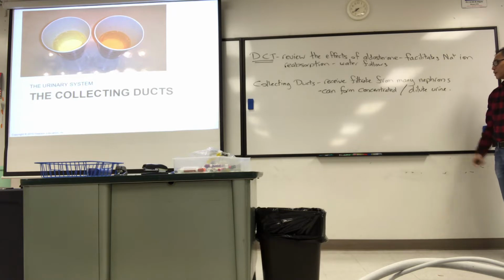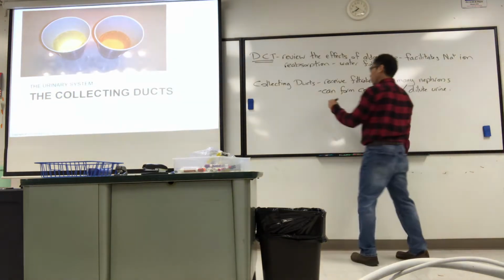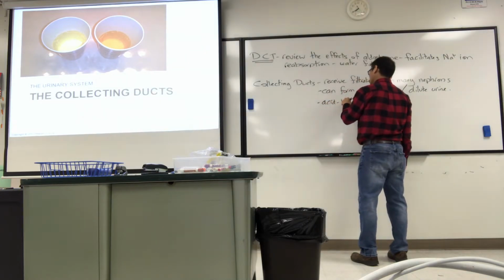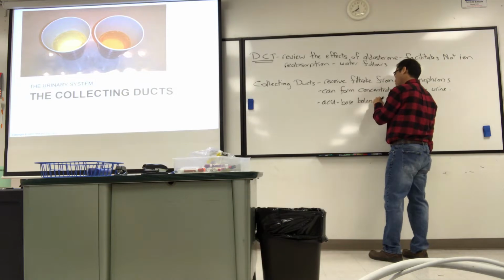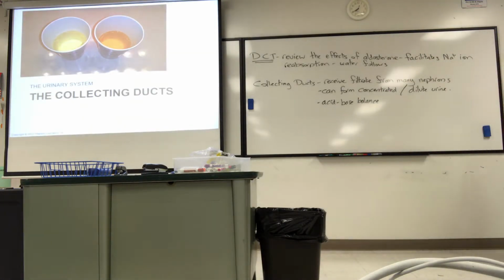Dilute urine, in addition to being dilute, you're increasing the urine output. All right, and the other function of the collecting duct is, well, if you recall, acid-base balance. We'll revisit that again. And so you have two different cell types for these two different functions.